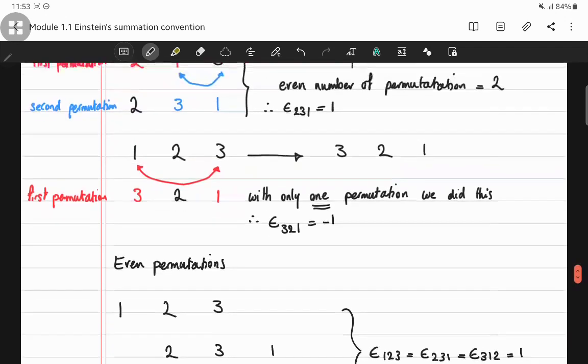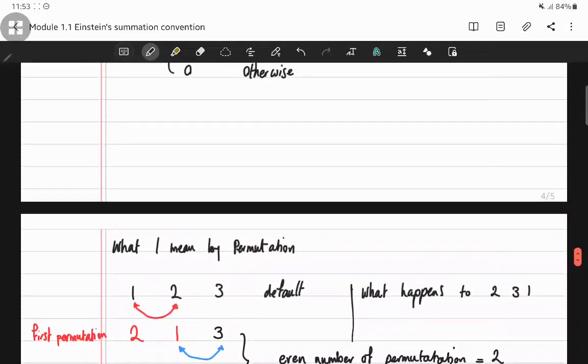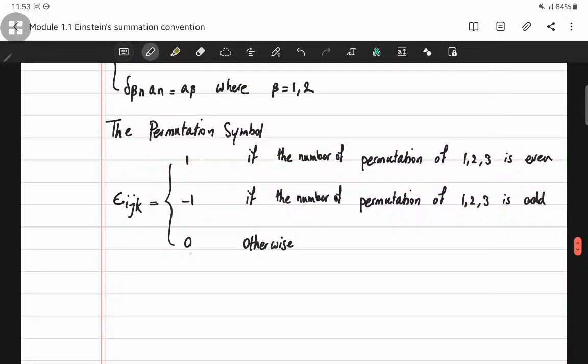And the rest, you would say, are either -1 or 0.